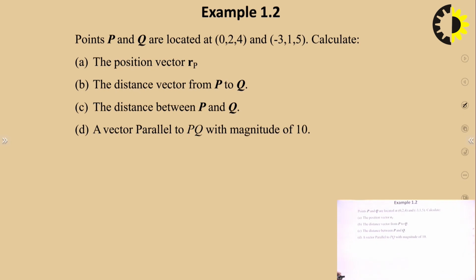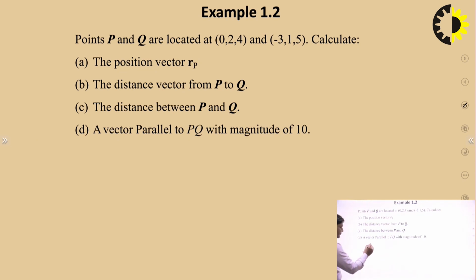Another example I have taken on position vector and distance vector, example 1.2, which is very important. This question is asked in AKTU. Point P and point Q are located at (0, 2, 4) and (-3, 1, 5). We calculate the position vector RP.